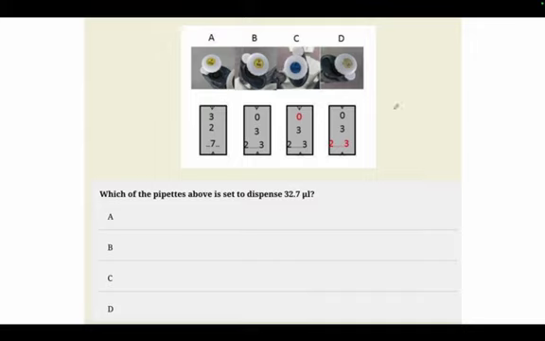Okay? So for P1000, the display is going to go 1, 0, and then you have the variable. So this is 1000.